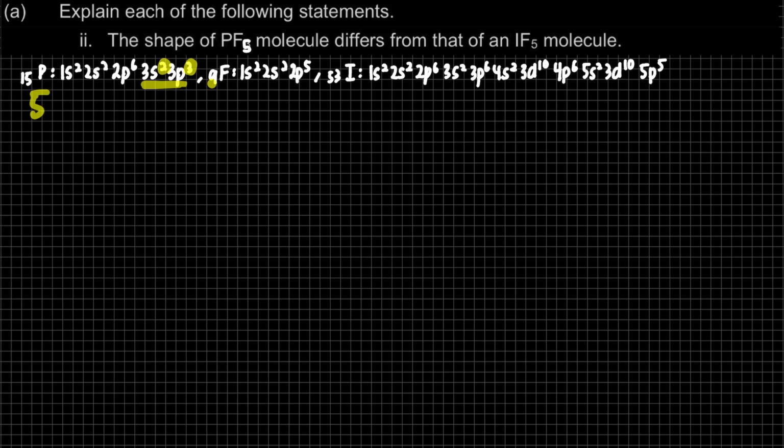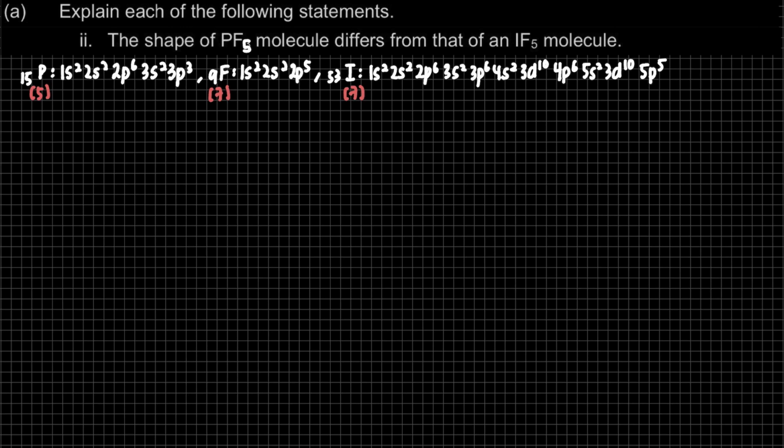For fluorine, the highest n is n equal to 2, so when we add up here, you get 7 valence electrons. For iodine, again, the highest n is n equal to 5. The valence electrons are 5s2, 5p5, so the total is 7. So that is the valence electron for each of the atoms. Now we have determined the valence electron, we can calculate the total valence electron itself.